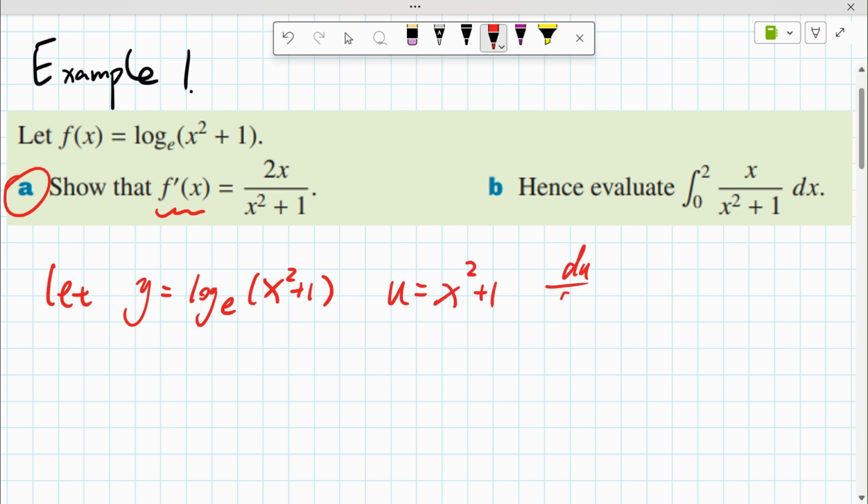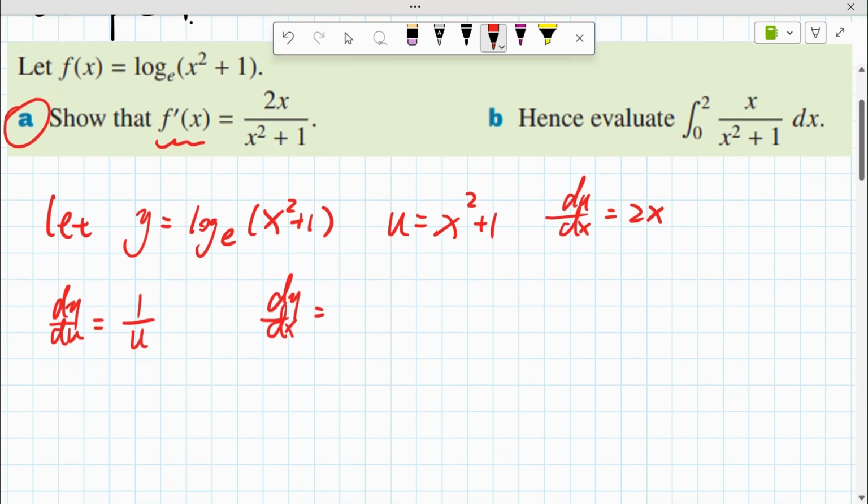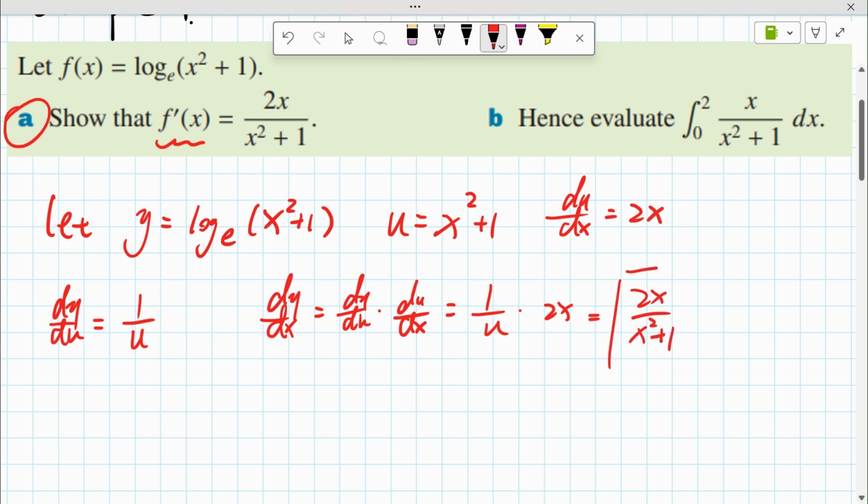So du/dx equals 2x, and dy/du equals 1 over u. So dy/dx equals, we're using the chain rule, dy/du times du/dx. Hopefully that gives you guys a hint. So that equals 2x over x squared plus 1.